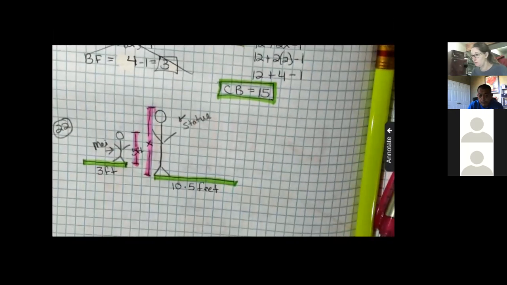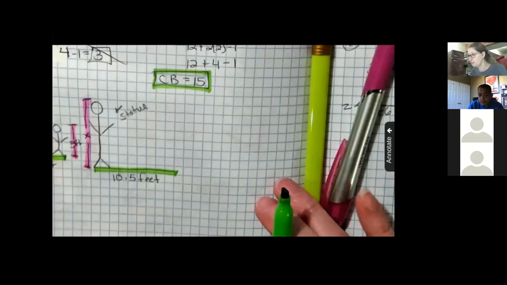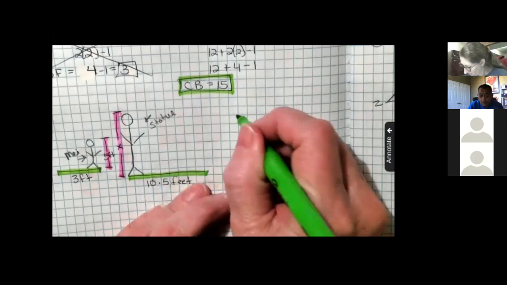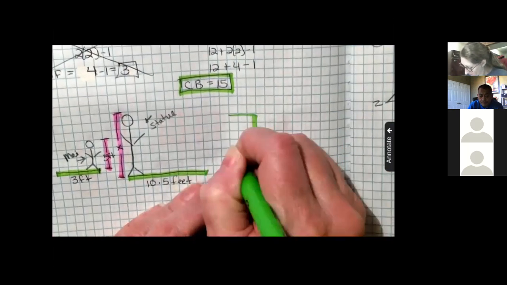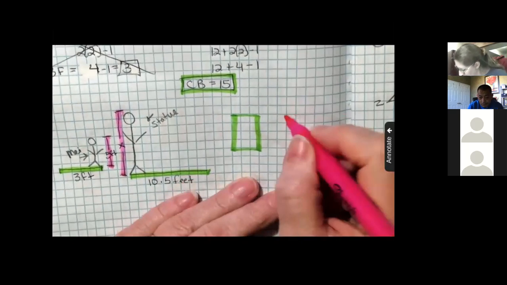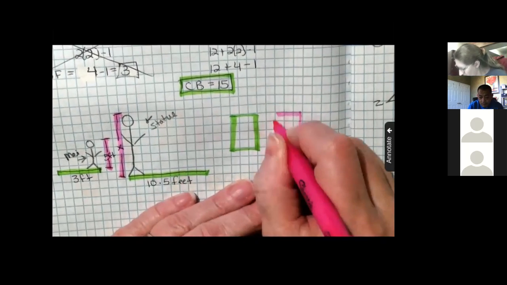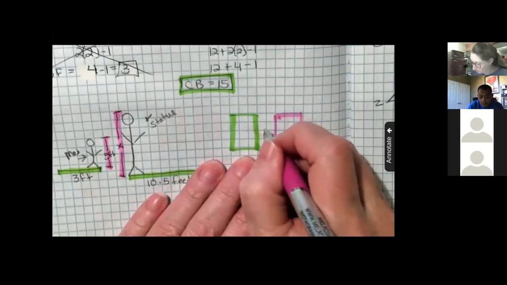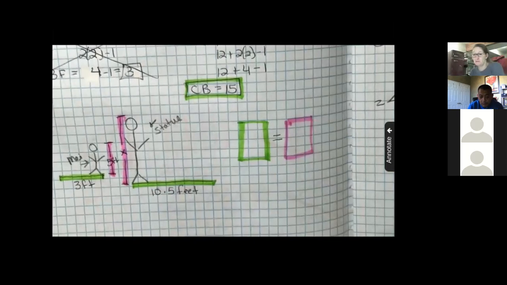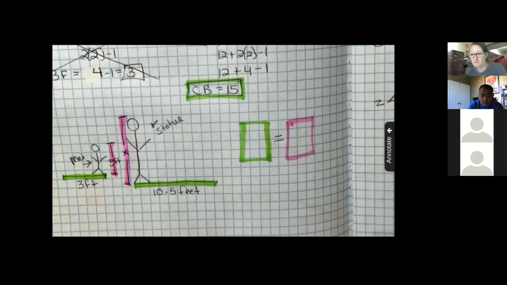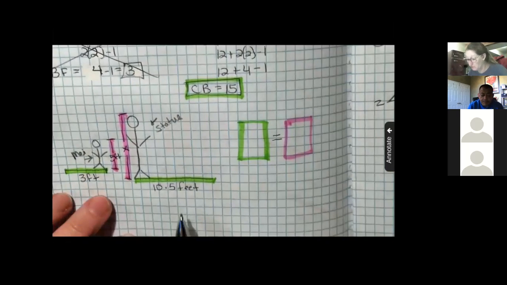Okay, so I'm just going to set this one up, and then you guys can do the math. I'm going to do green, and it doesn't matter which one you put first. That just happened to be the highlighter in my hand. So pink, okay? So what are my green ones? Somebody tell me my green. The shadows. The shadow, right.